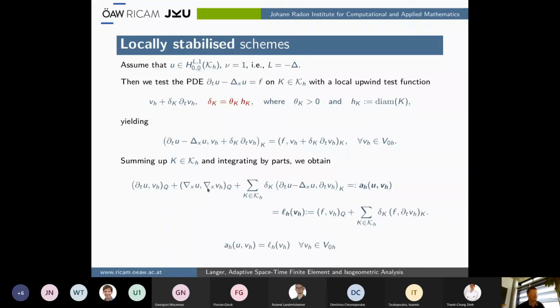So the boundary integrals will disappear, are zero. And this is now my functional form, the space-time functional form. I know that the solution u fulfills this for all test functions. This was a trivial derivation from the PDE.